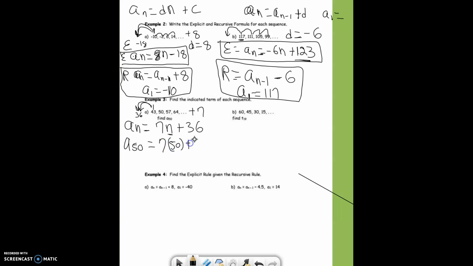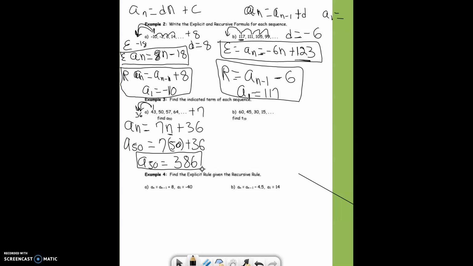And then 7 times 50 plus 36. Bust out those calculators, and the 50th term is going to be 386. Again, this formula is very useful to find a term way down the line.